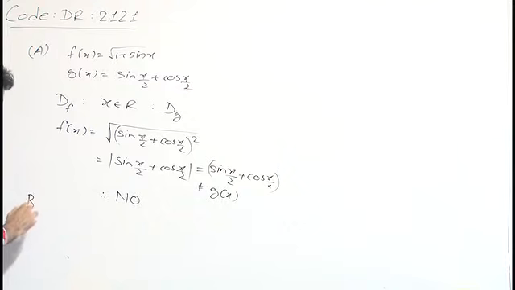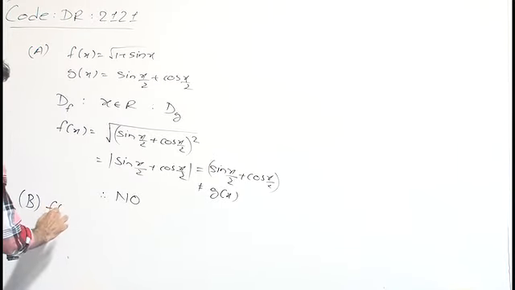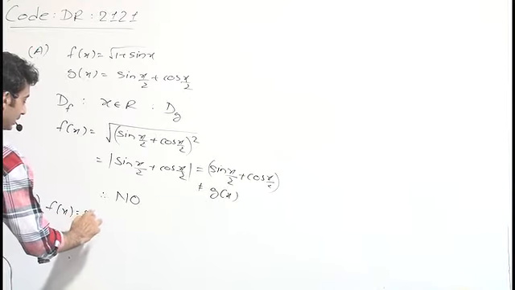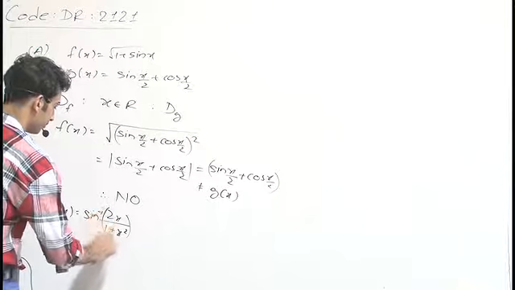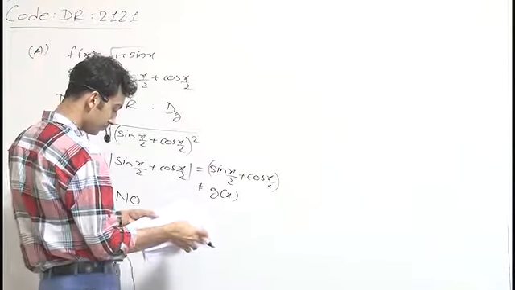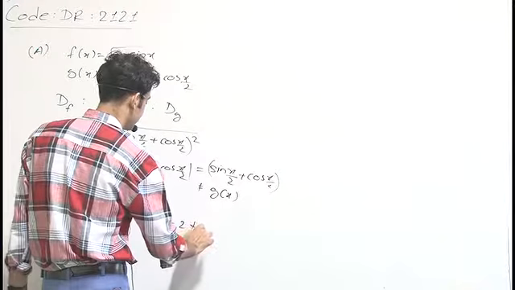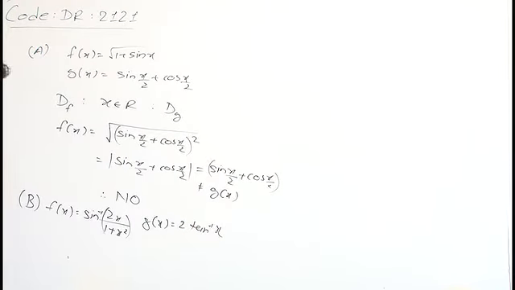Now we will go for option B. In option B, we have f(x) as sin inverse of 2x upon 1 plus x square, and g(x) as 2 tan inverse x. First of all, we will go for the domain of f(x) and the domain of g(x).